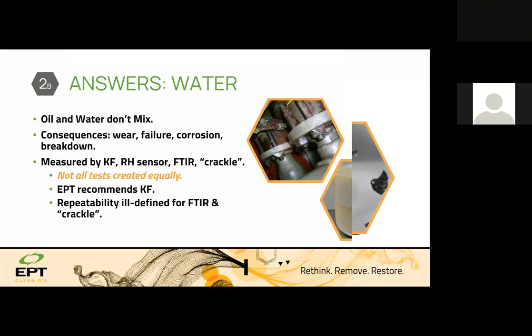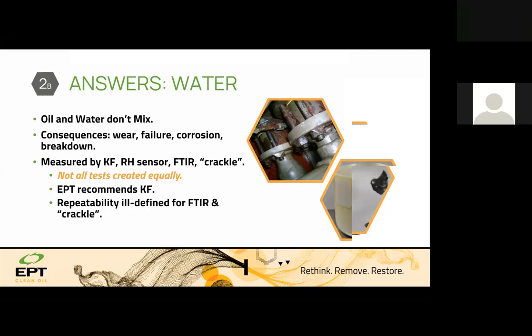Then the second most important contamination is water. Generally, we don't want water to mix with the oil because it doesn't mix. And if it mixes, we have 3 types of water: water that is soluble in the oil, and then it becomes saturated, and then it can become free water.